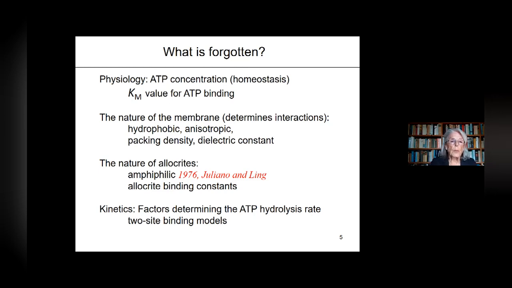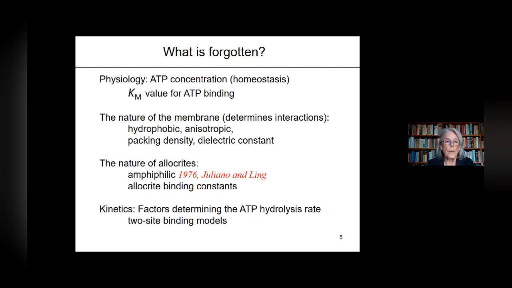Then we have a second point, the nature of the membrane. It determines the interactions of the amphiphilic molecules which penetrate into the membrane. There is a lot of early work by Michael Gottesman's group, who showed that the allocrites bind through the membrane to the transporter.